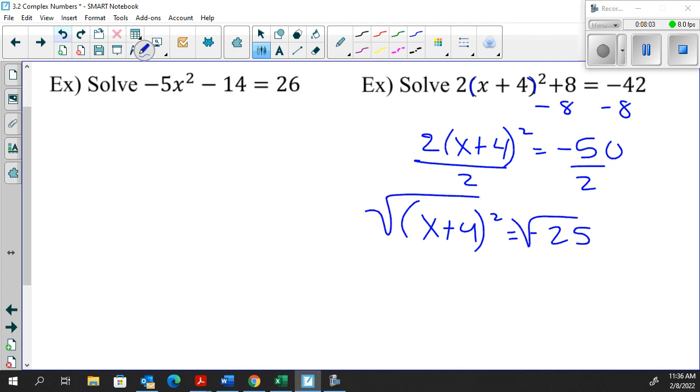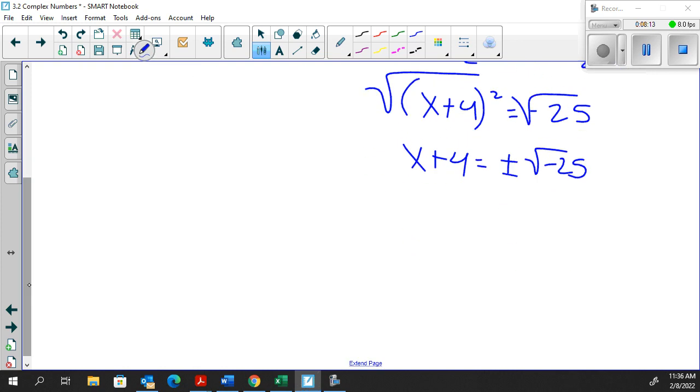So it's x plus 4 equals plus or minus the square root of -25. Let's just deal with that now. What's the square root of -25? 5 what? 5i. So it's x plus 4 equals plus or minus 5i. What else do I need to do? I got to subtract 4. So is it plus minus 1i?